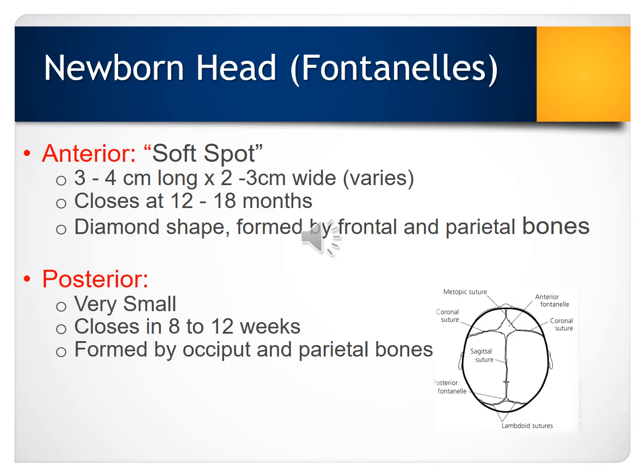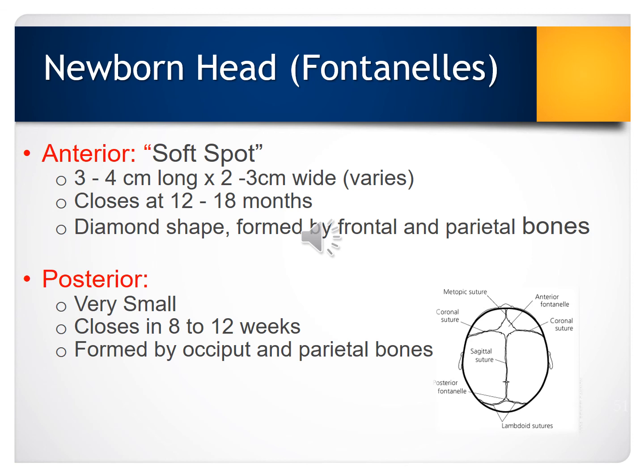So again, a brief overview or review of the newborn head, particularly talking about the fontanelles. Remember, the fontanelles are those spaces anteriorly and posteriorly where the newborn or fetal skeletal plates come together, where the suture lines come together.